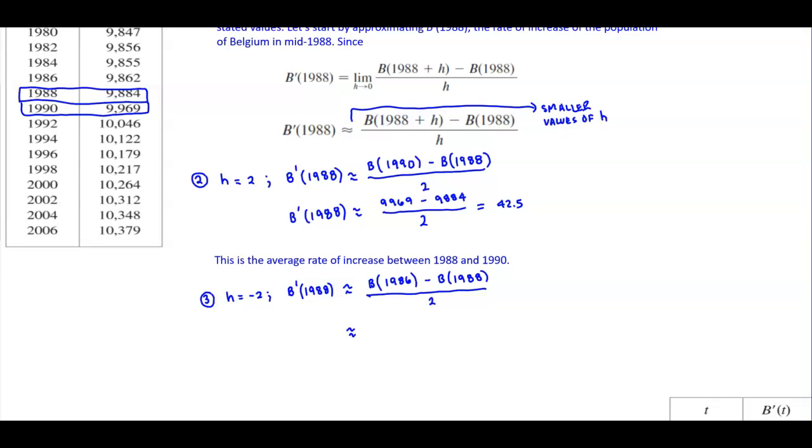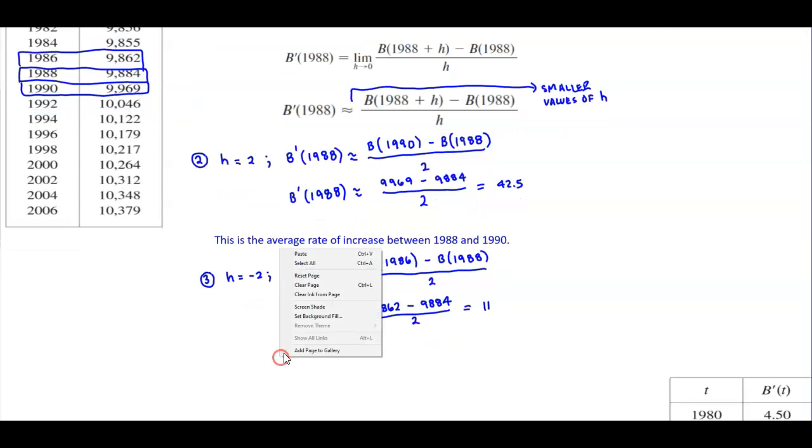So we know that 1986 has an output of 9,862, minus 9,884. Divide that by 2, and that's going to give us negative 11.